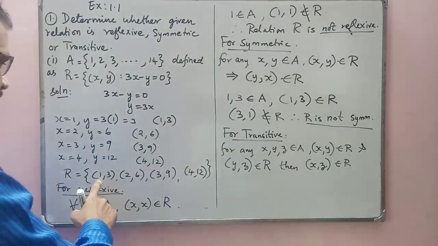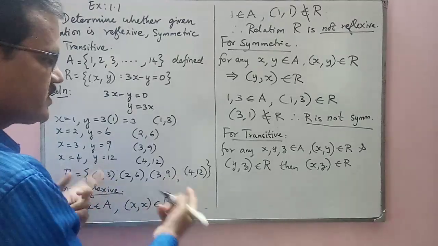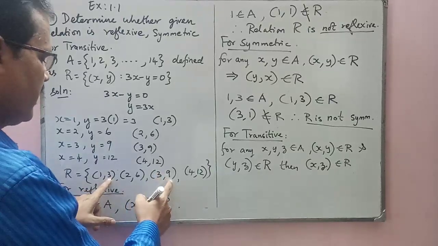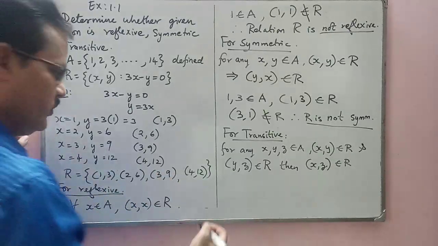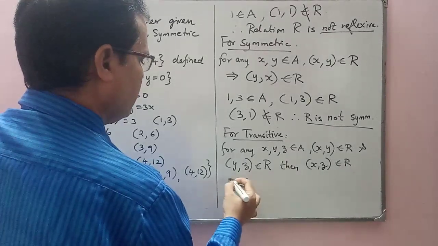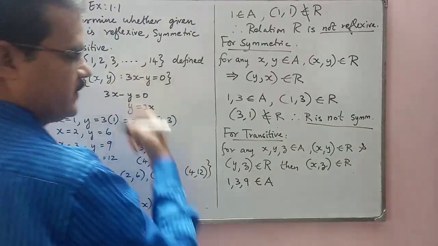Now I check 1 comma 3 is there, 3 comma 9 is there, but 1 comma 9 is not present. I'll take this as 1 comma 3, 3 comma 9, but 1 comma 9 is not there. So I'm going to mention that. Let me take 1, 3 and 9 belonging to A. Of course 1, 3, 9 are there in the set.